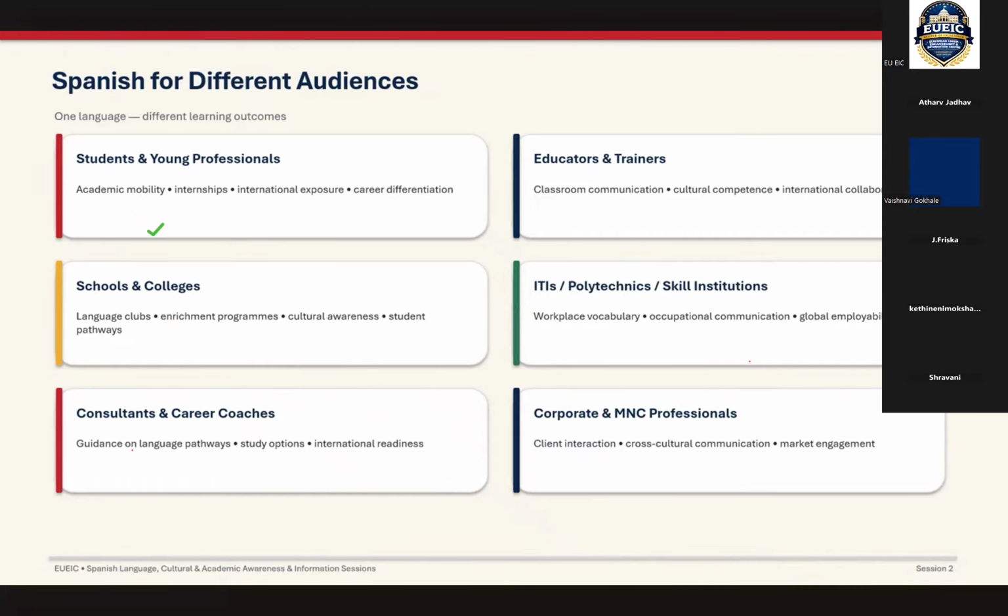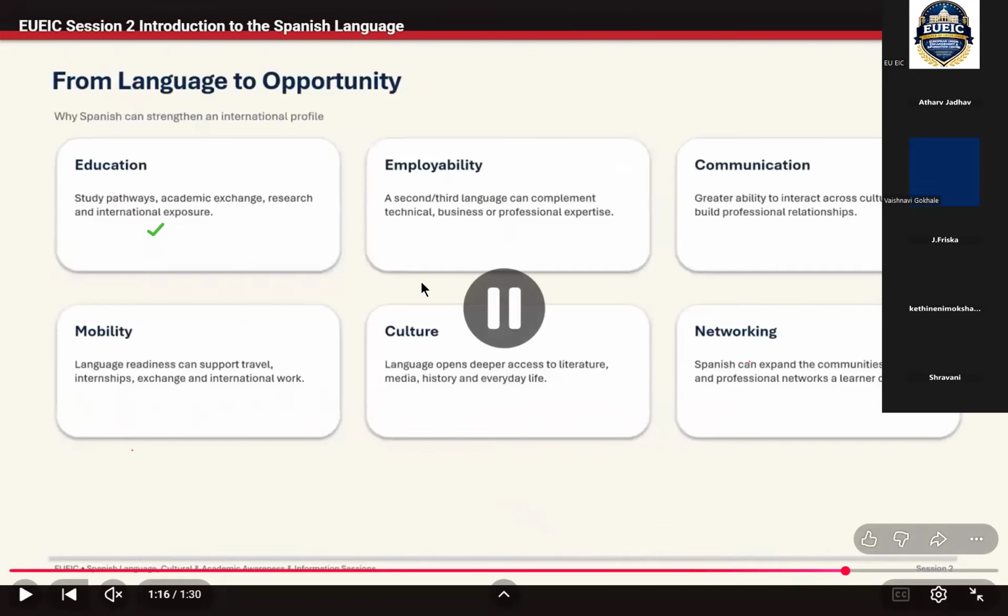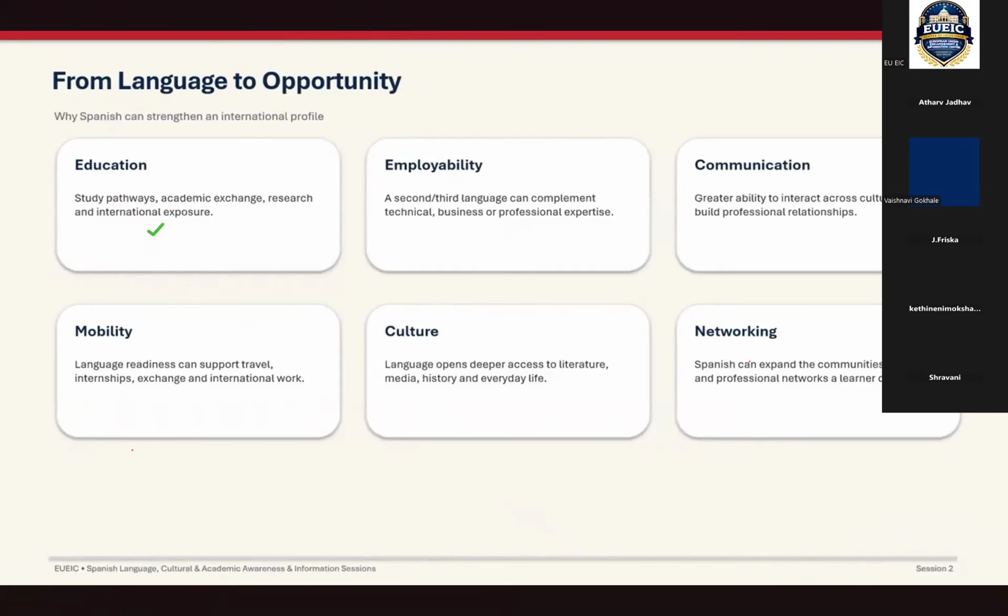Yeah. Next is foreign language opportunity. Now, here, like I said, why Spanish can strengthen an international profile is because you have the technical knowledge already, right? Whether you're doing technology studies or other domains. When you add Spanish as a language in your profile, it automatically strengthens your profile. Why?